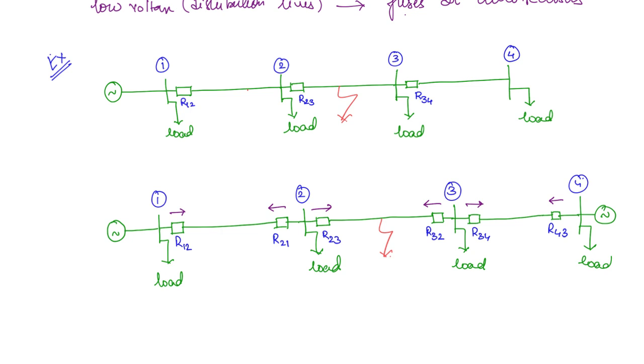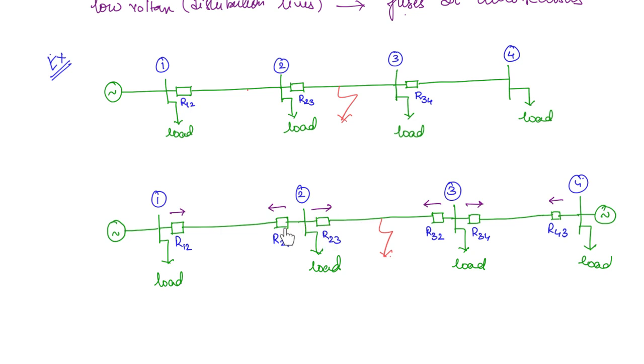Now why do we have the directional component here? The directional component will ensure that the relays protect only that part of the transmission line which they are intended to protect. For example, for the same fault, this circuit breaker would also break if there were no directional unit. But since the fault current is flowing in this direction, this relay will operate only when the fault current is in this direction.